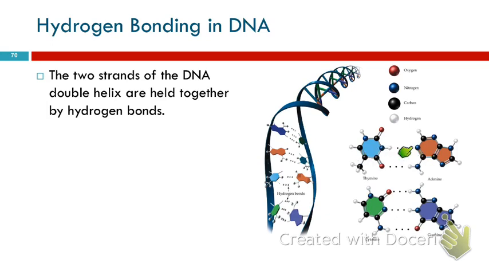So we've got thymine and adenine. Here we have nitrogen and nitrogen-hydrogen. Here we have oxygen, and here's nitrogen-hydrogen. So we have that nitrogen-hydrogen bond, and so we can get two hydrogen bonds forming between these two bases.